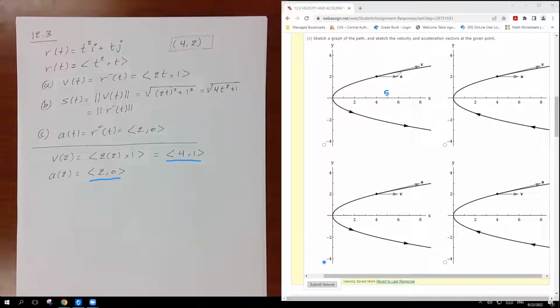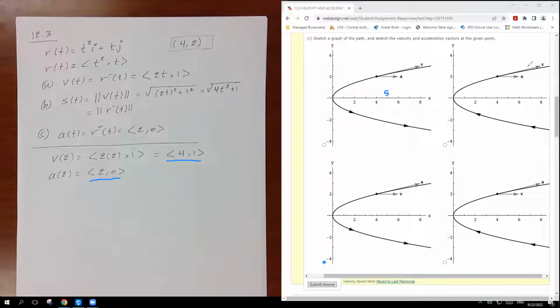So 1, 2, 3, 4, and then it's going up 1. So here is the velocity. So this option is right with the velocity. Let's check the second graph. This one. Here is the (4, 2), and the same thing, 1, 2, 3, 4, 1.